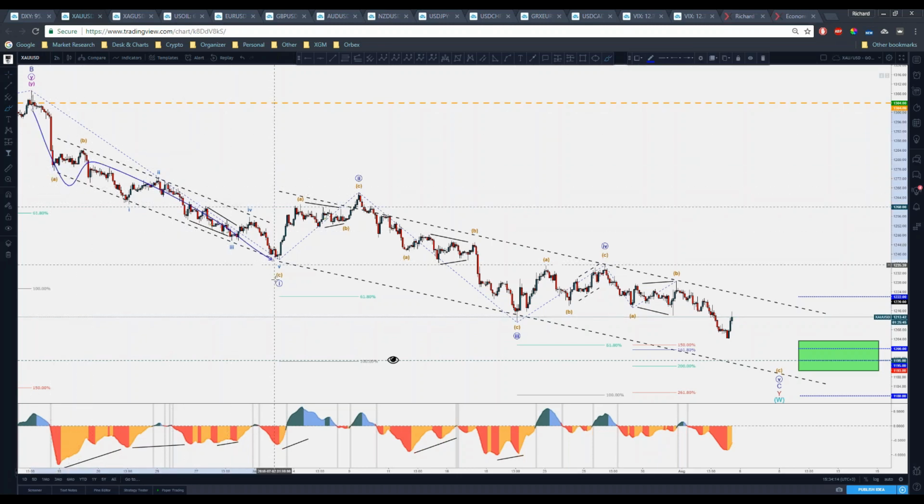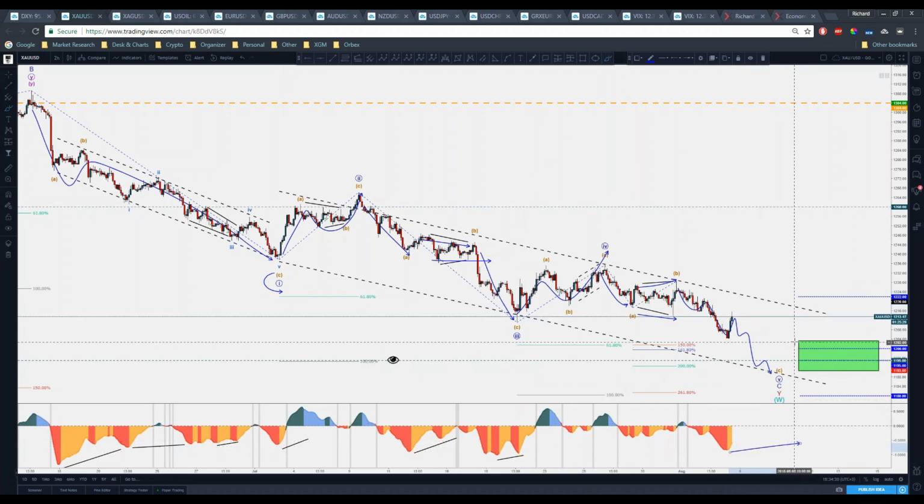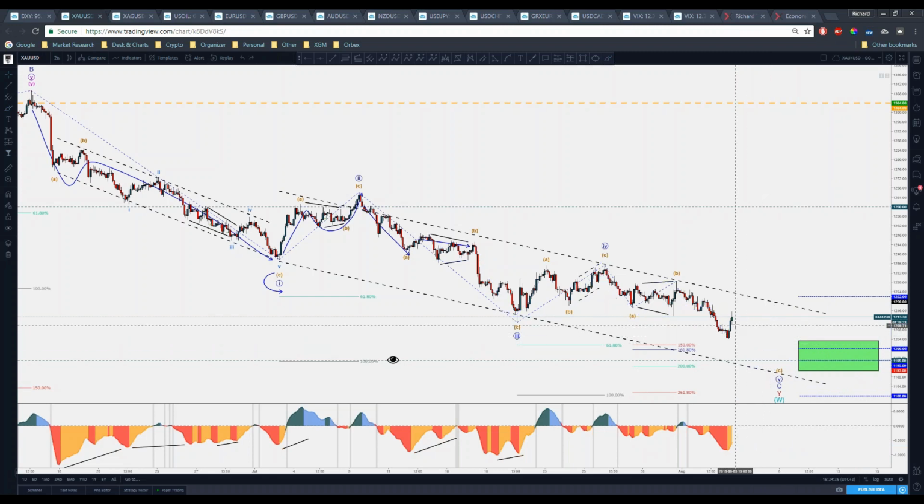So we have an ABC in one, an ABC in two, obviously, an A, B in a triangle right here, 3, ABC, and then A, B, expanded flat, 1, 2, 3, 4. What if a fifth wave could occur? Proper bullish divergence on the table, so this green box could actually be at hand, right?